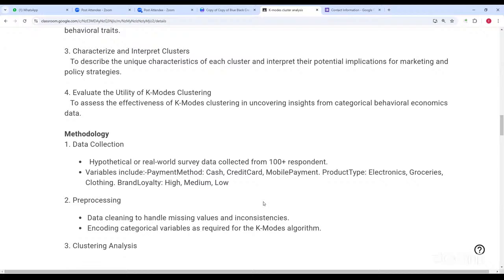Processing: data cleaning to handle missing values and inconsistencies. Encoding categorical variables as required for the K modes algorithm.